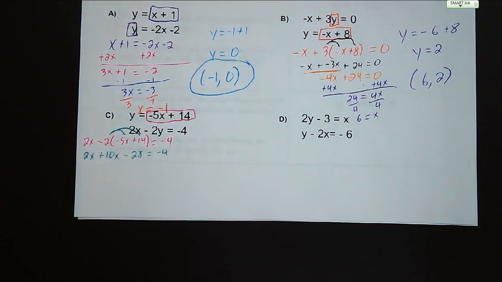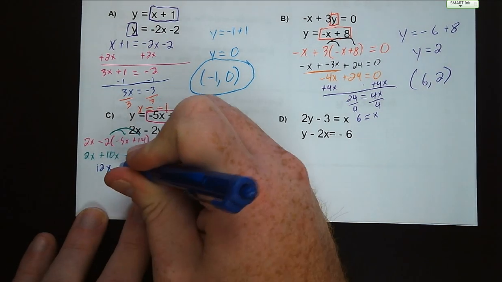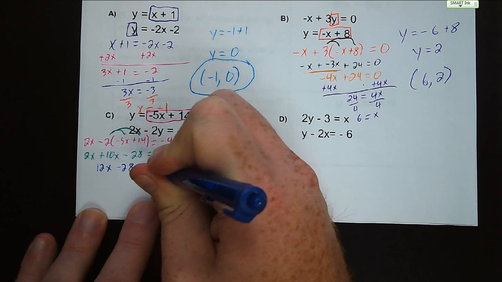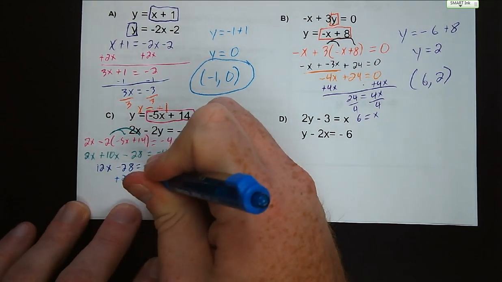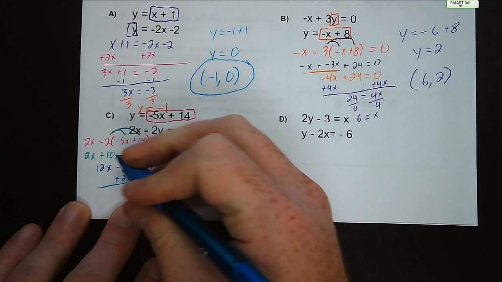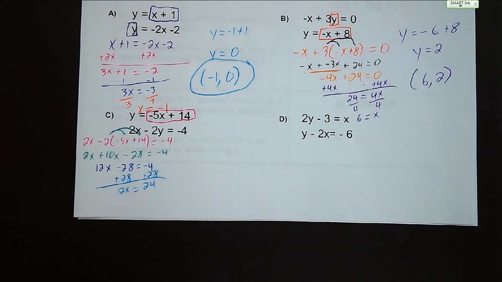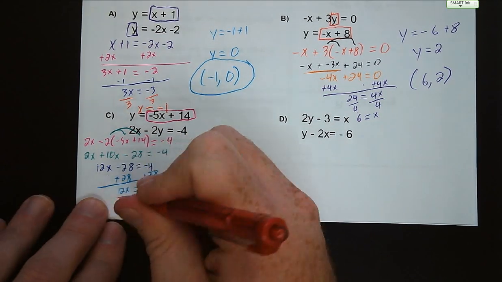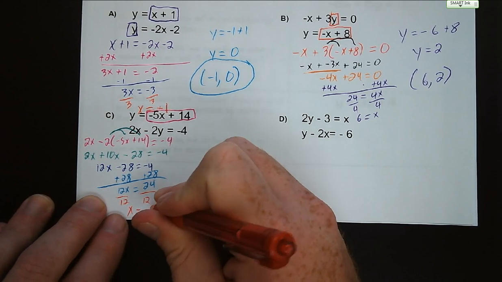Combine like terms, 2x plus 10x is 12x. Minus 28 equals negative 4. Add 28 to both sides. 12x equals 24. Divide both sides by 12. x is equal to 2.